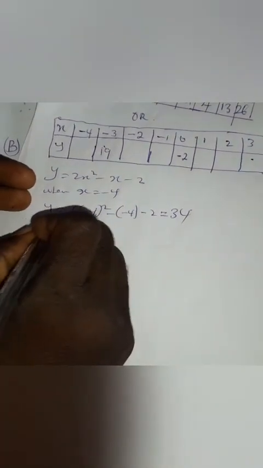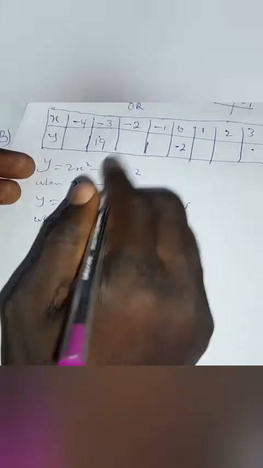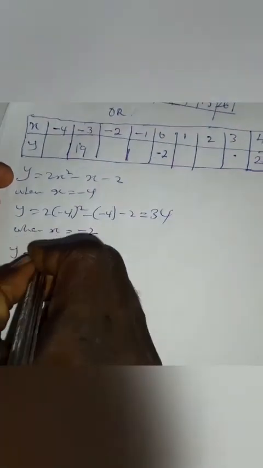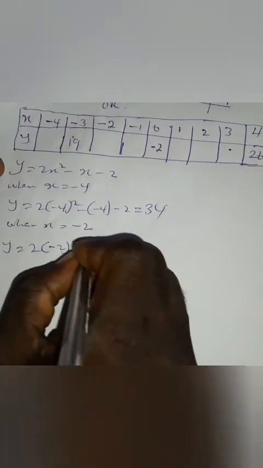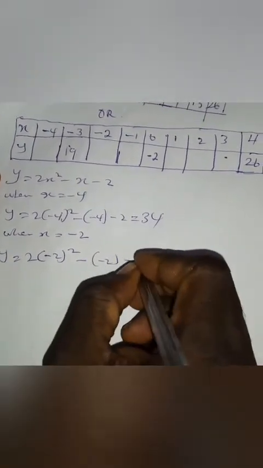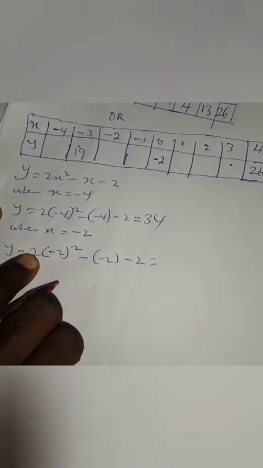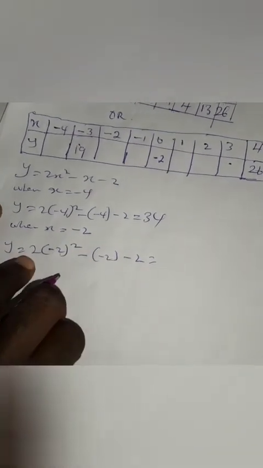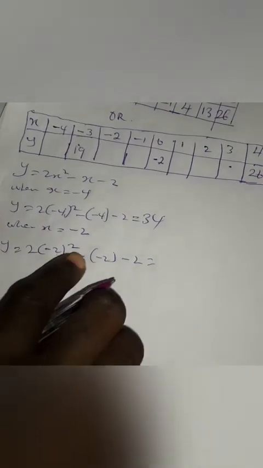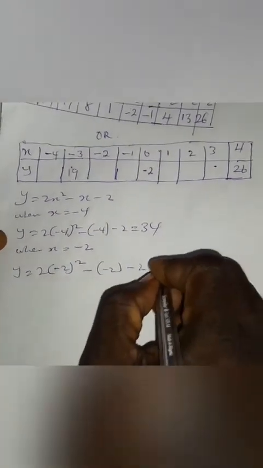Now when x is equal to minus 2, y is going to be equal to 2 into minus 2 squared minus minus 2 minus 2. That will give us 4 times 2, that's 8, plus 2, that's 10, minus 2, that's 8.